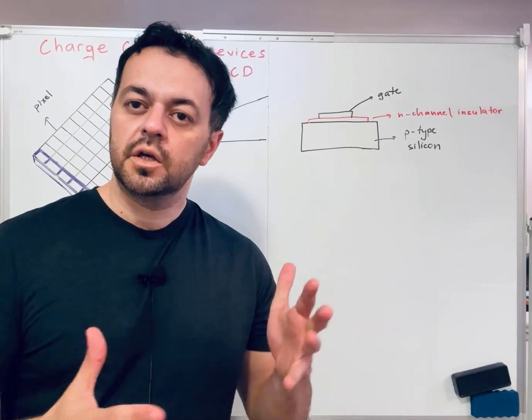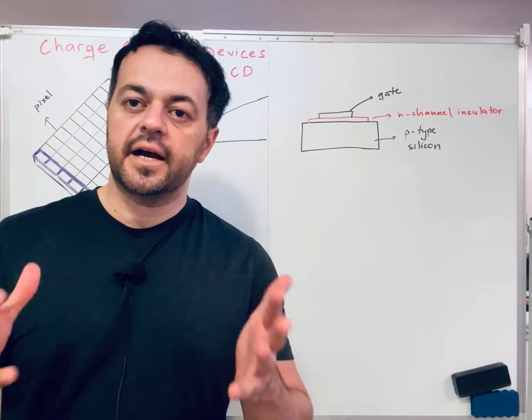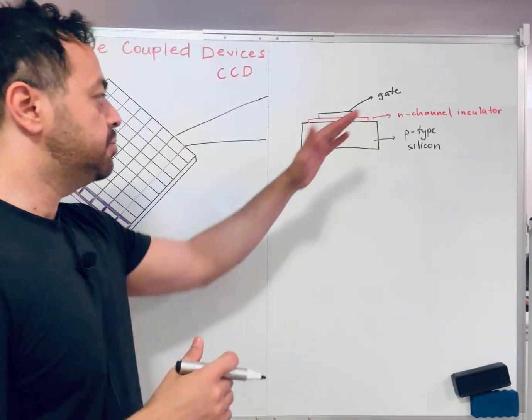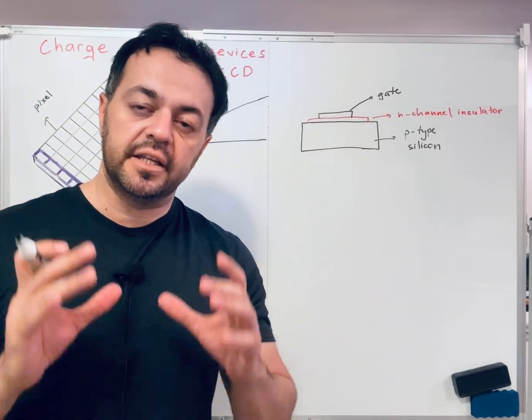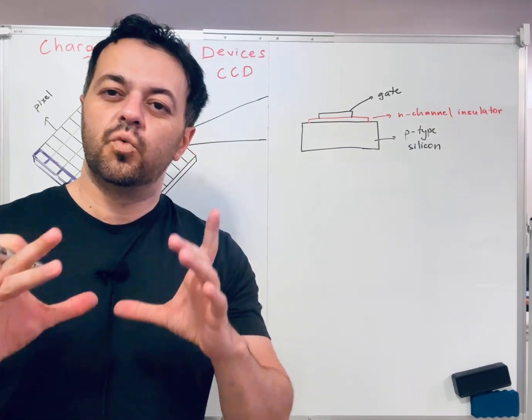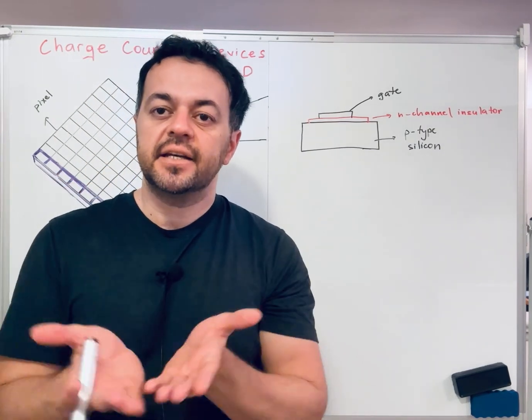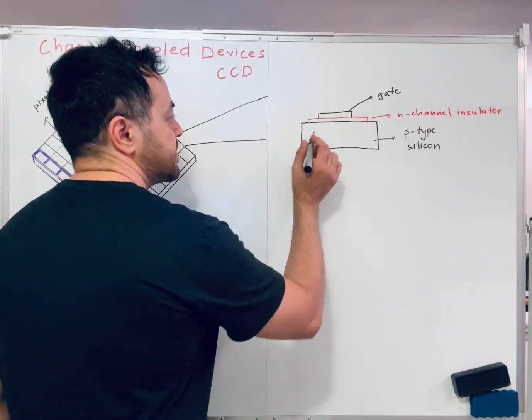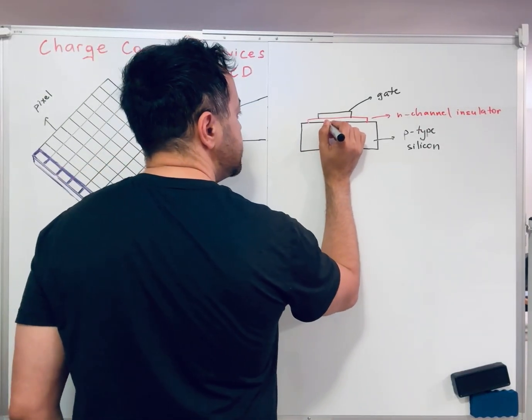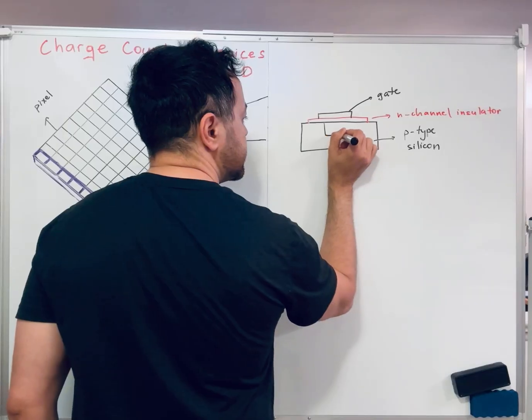So how exactly do they work? In p-type silicon, they can apply a potential and make wells. A well is like a bucket or a jar, like a little hole inside this p-type silicon.